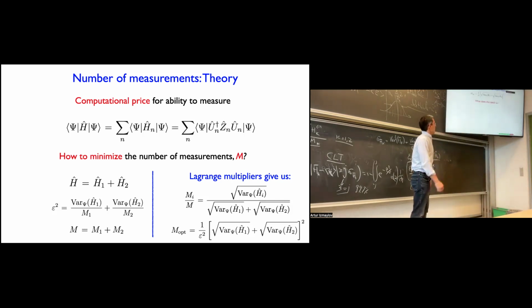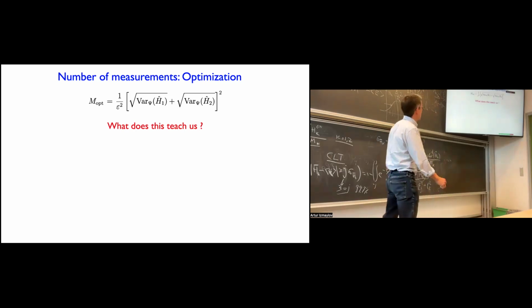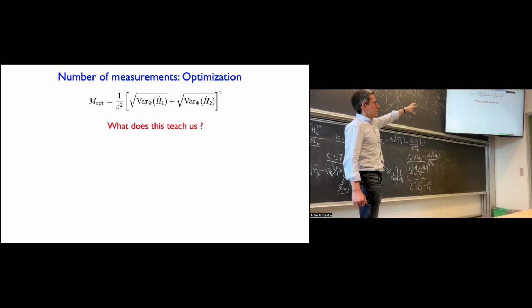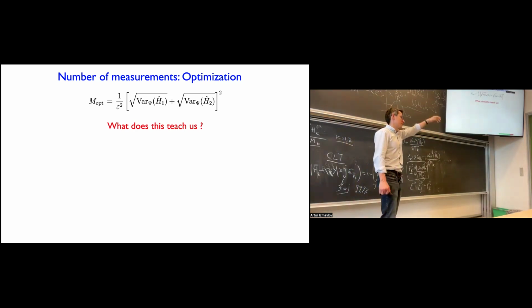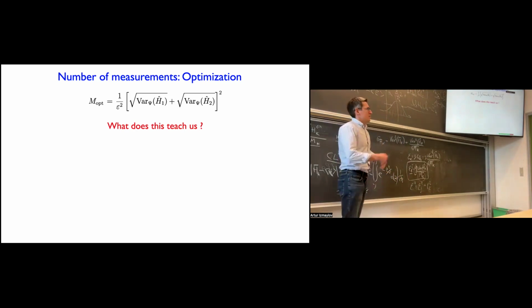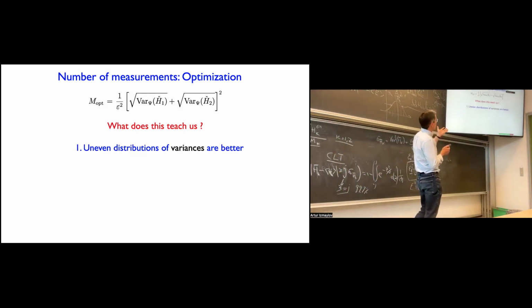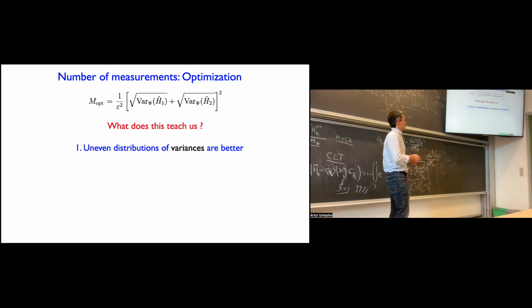Okay. Now, what this formula also teaches us is there is a certain algebraic form, like this square. Essentially, if you have more fragments, it's always a sum over square roots, but squared, right? And if you do a little bit of algebra, it's easy to show that uneven distributions have a smaller number.